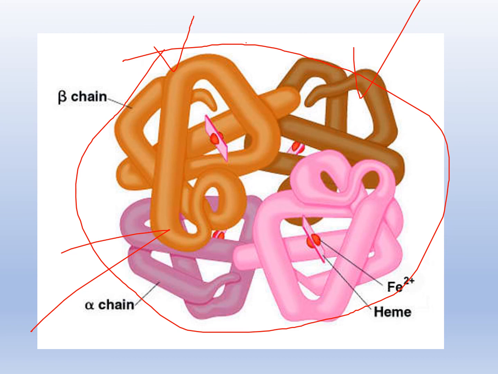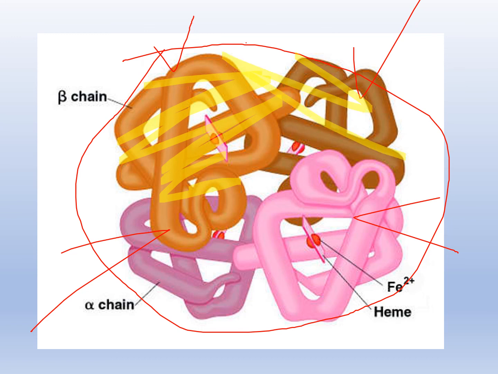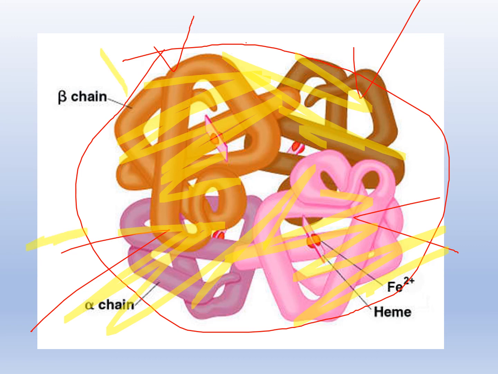This one is one subunit, second subunit, third, and last subunit of hemoglobin. So basically, hemoglobin is composed of 4 subunits of polypeptide. We have the beta chain here, alpha chain. This is also the alpha chain.